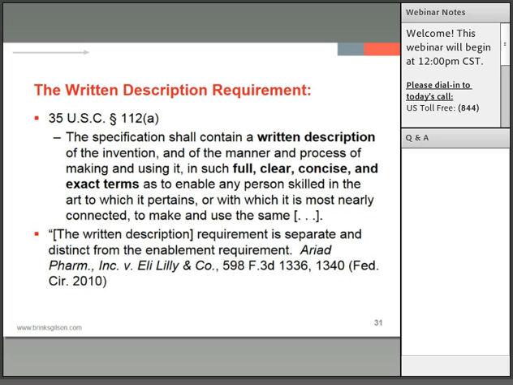And so here the written description must be made in such a manner that it enables, in full, clear, concise, and exact terms, the person of skill to make the invention and to use it.